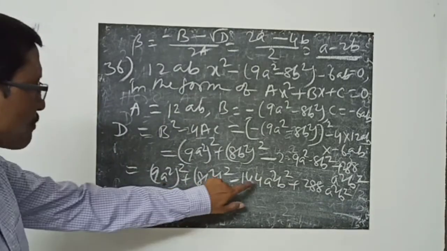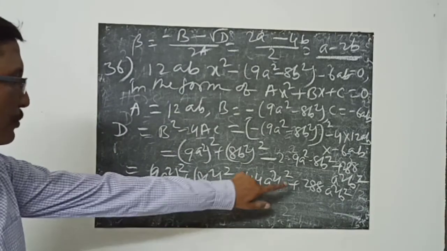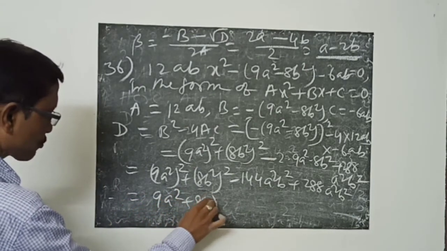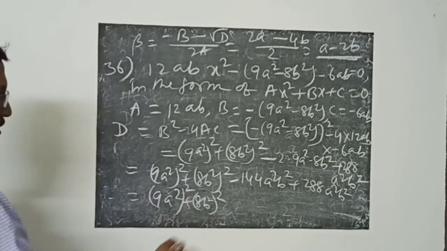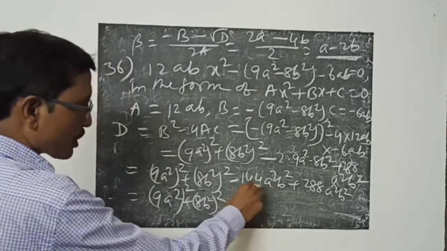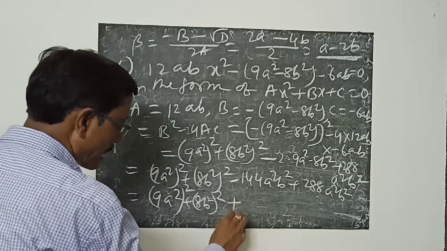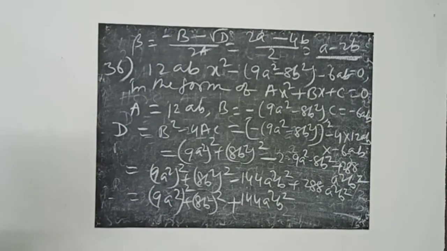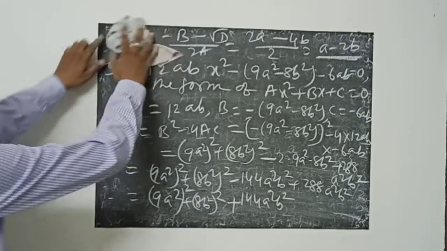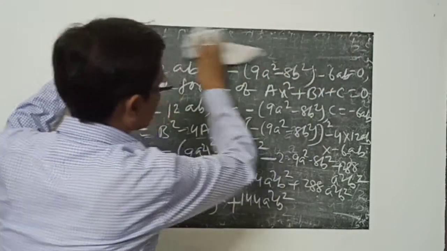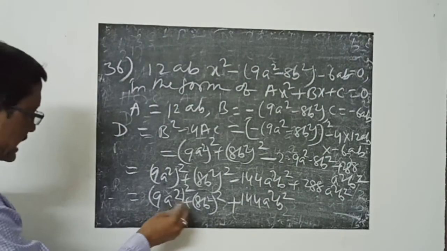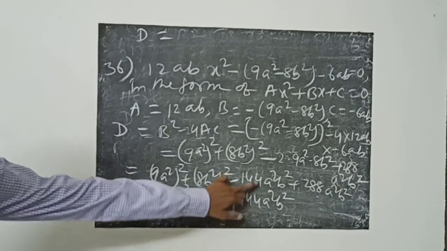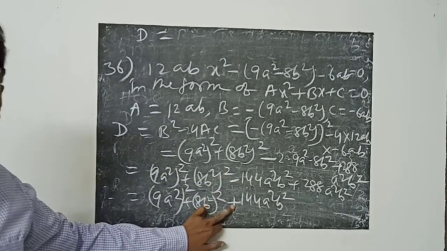Here a square plus b square minus 2ab is coming 144. But if you do the calculation, 9a square whole square, b square whole square, ultimately minus 144 plus 288 means plus 144 a square b square is coming. So from there you can say d is coming, check once: a square plus b square again, it is the same thing but plus, ahead it is plus 2ab.